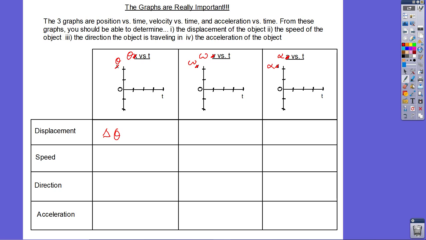On a position versus time graph, if you want speed or velocity, what do you look at? You look at the slope. Okay, so the angular velocity is equal to the slope. Okay, the direction, you're going to look at the sign of the slope. The direction usually tends to be not as important in this, but it's still true, the sign of the slope.